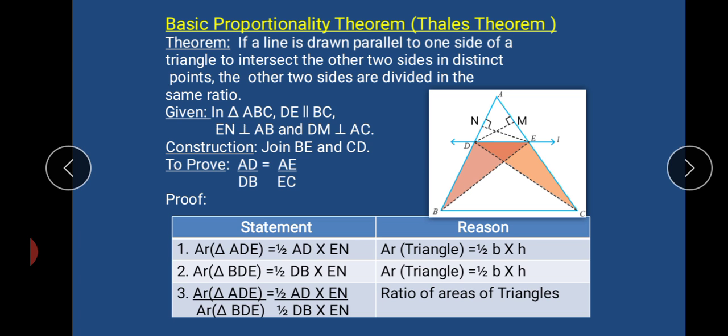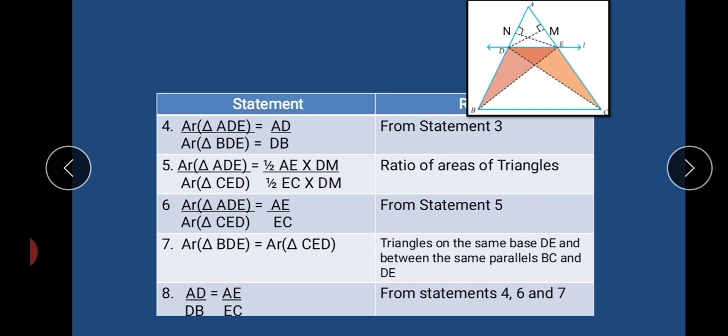Now we'll go ahead and select two triangles, one with AE as the base and the second with EC as the base. The figure is here once again. Now see, area of triangle ADE upon area of triangle BDE, just from the previous step, we get AD upon DB.